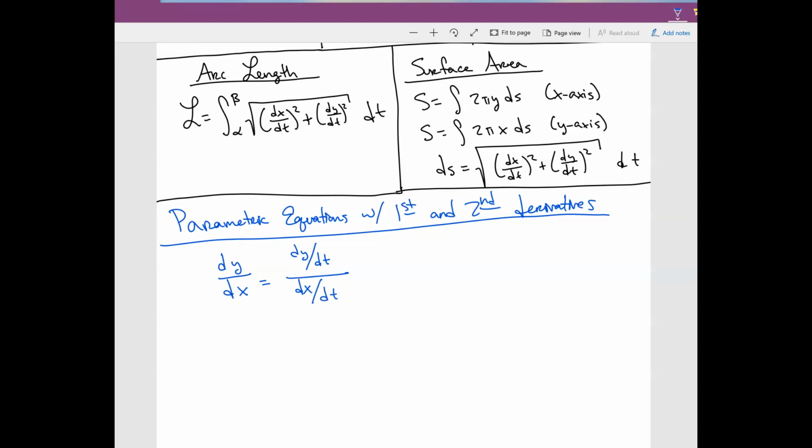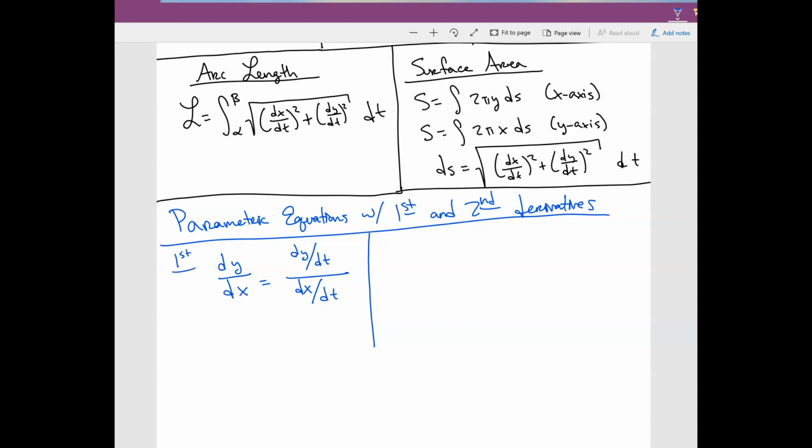You can think of y as a vertical velocity and x as a horizontal velocity, and it's the change between them. Using the chain rule, you can figure out why it is this way. So this is for the first derivative.